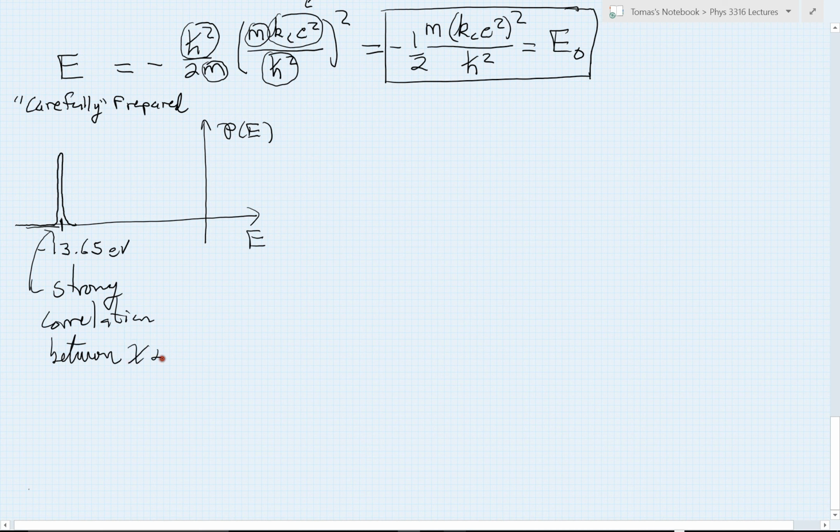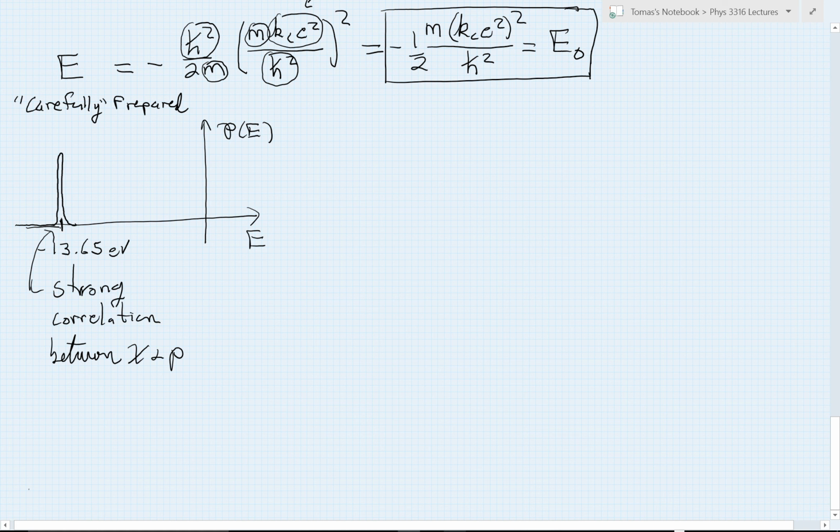So that's why there seems to be some extra piece of physics that we're missing right now. This Heisenberg uncertainty principle just isn't enough to explain these strong correlations and the fact that I get just one particular energy value.